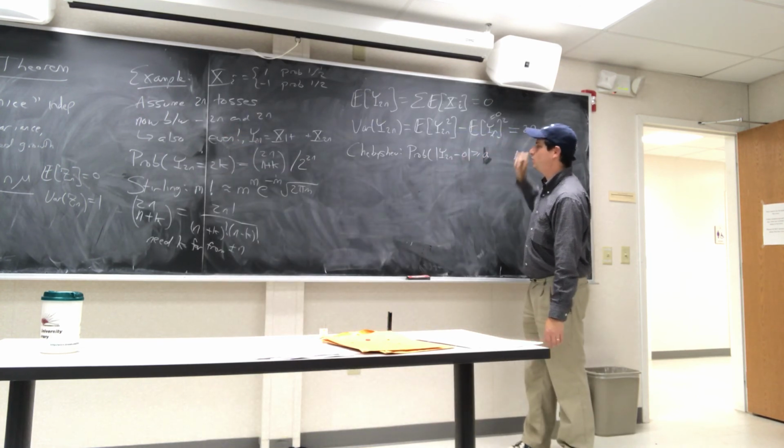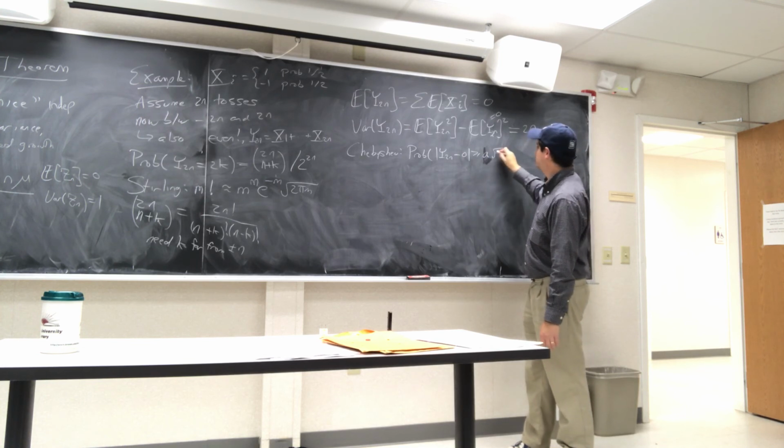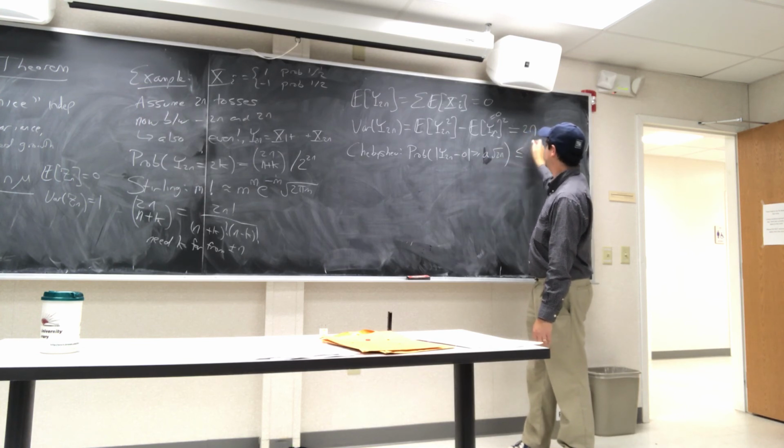So I need some letter. I'll use the letter A. I want to be at least A standard deviations, A times square root of 2n. This is going to be less than or equal to 1 over A squared.